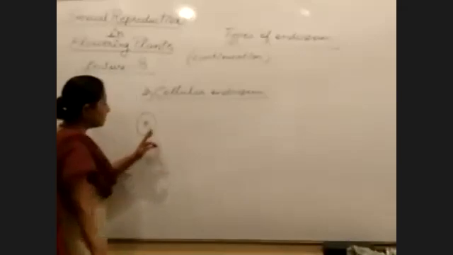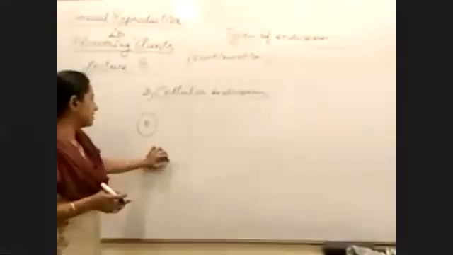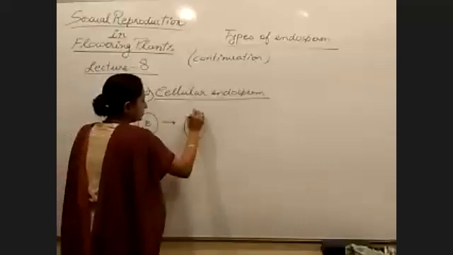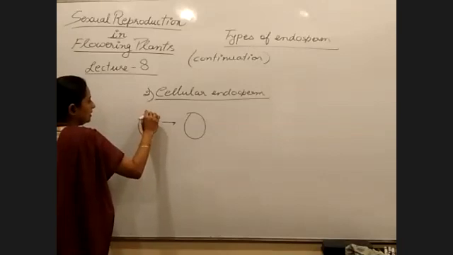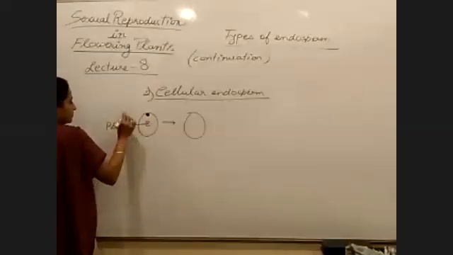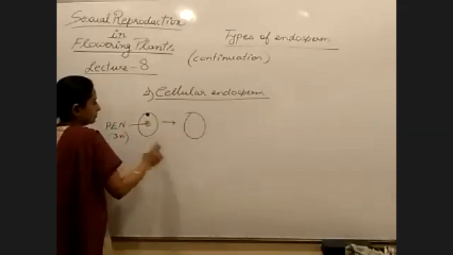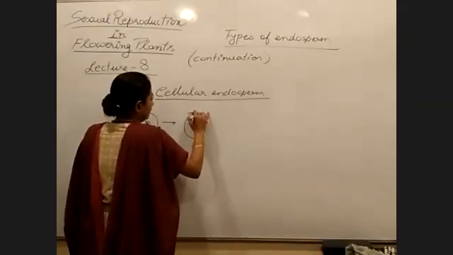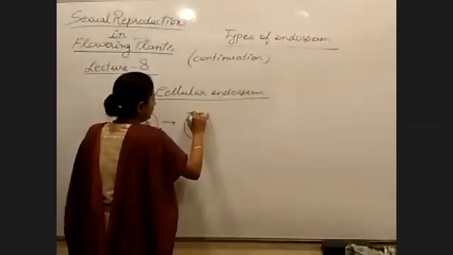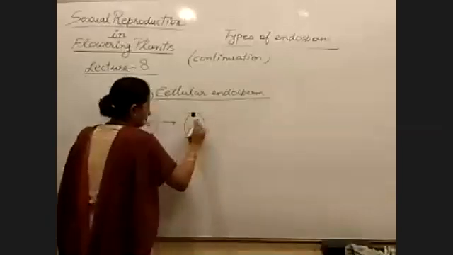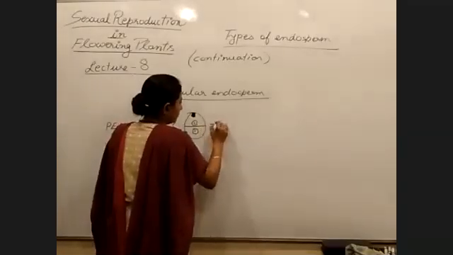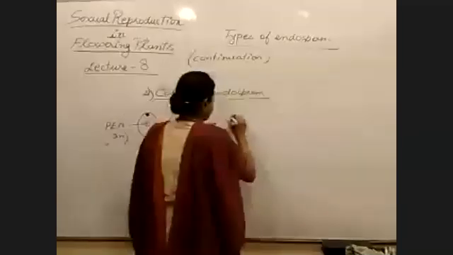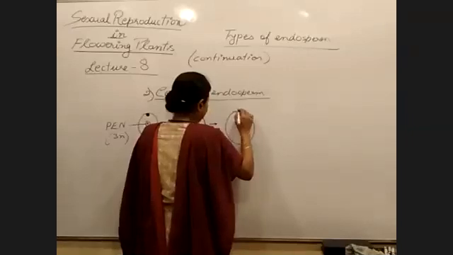So since we are talking about endosperm, which is the cell at the beginning that will be responsible for endosperm formation? It is called as PEN.